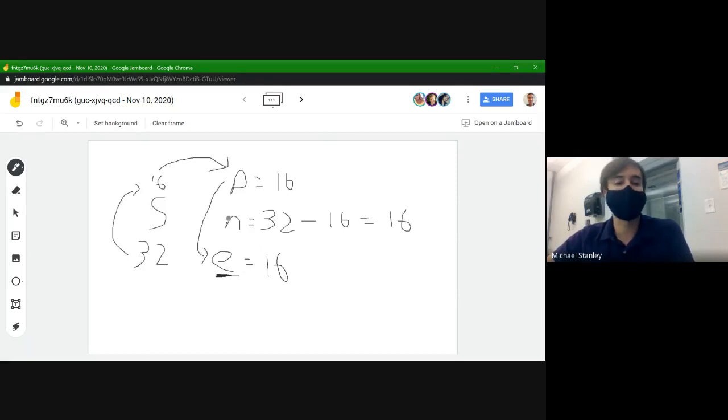And then what's left over is our neutrons, which are the atomic weight minus the atomic number, which is 32 minus 16, which in this case is, again, regular 16. So sulfur has 16 protons, 16 neutrons, and 16 electrons.